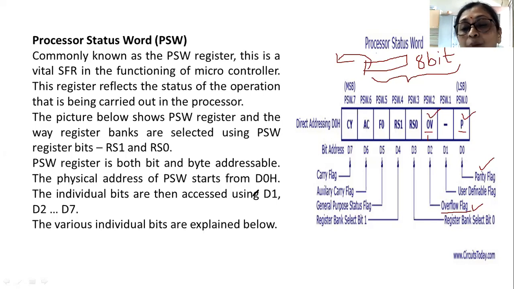For even parity, P is equal to 0, and for odd parity, P is equal to 1. You remember this. This bit is set to 1 when the result of the operation produces odd parity. You remember one, you will remember the other. So 1 for odd, and that means even will be 0.